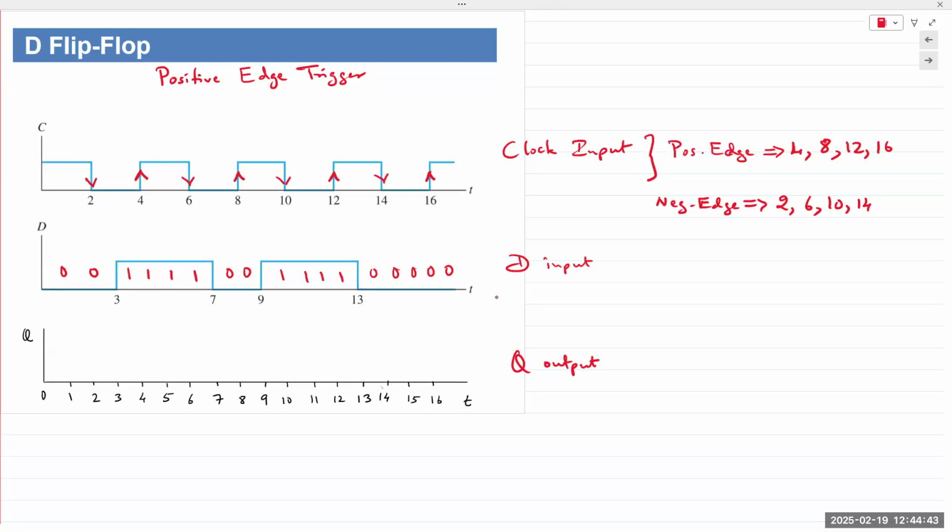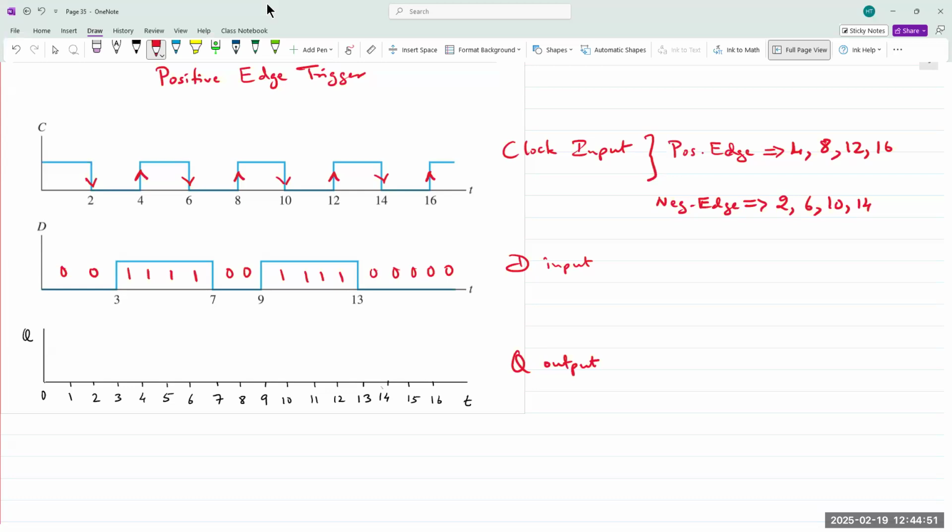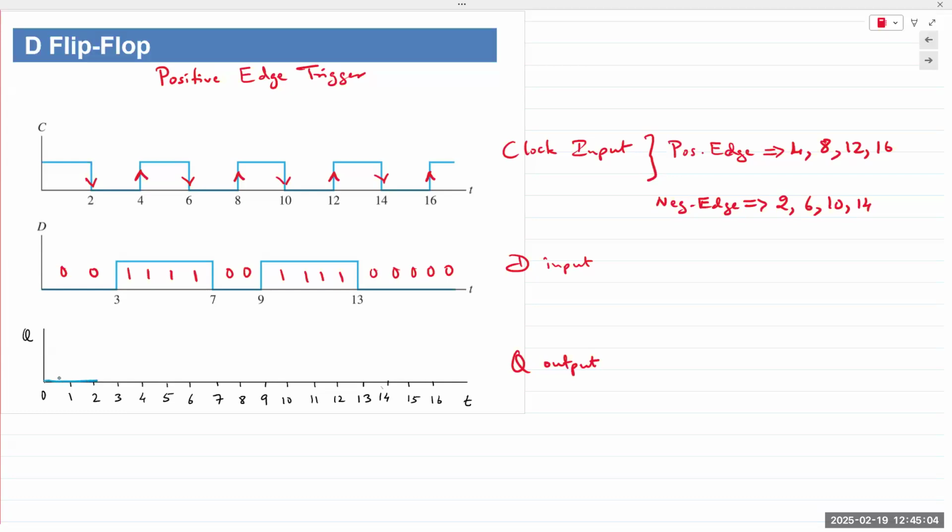Okay, so let's see. Rising edge, we are not given any information between 2 and 4, right? Previous state, don't know, as it is. The first rising edge is at 4.